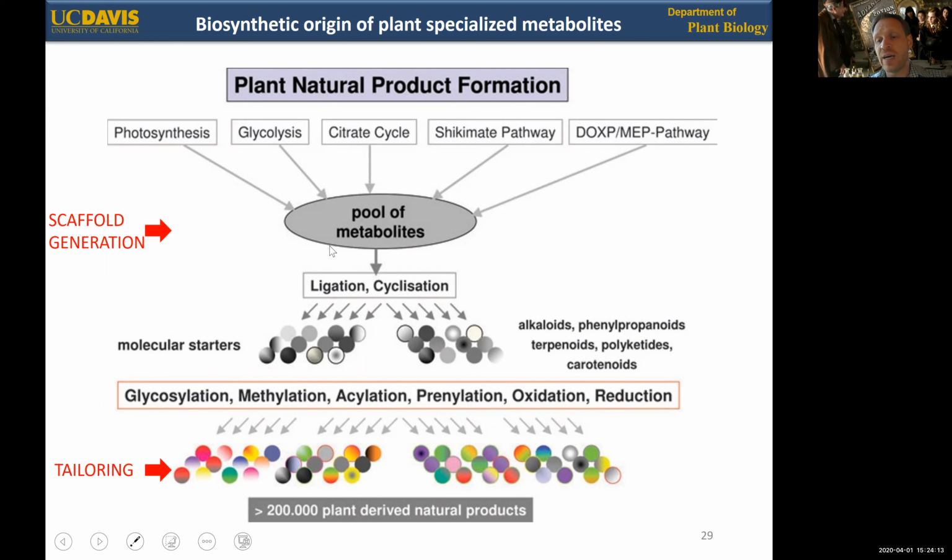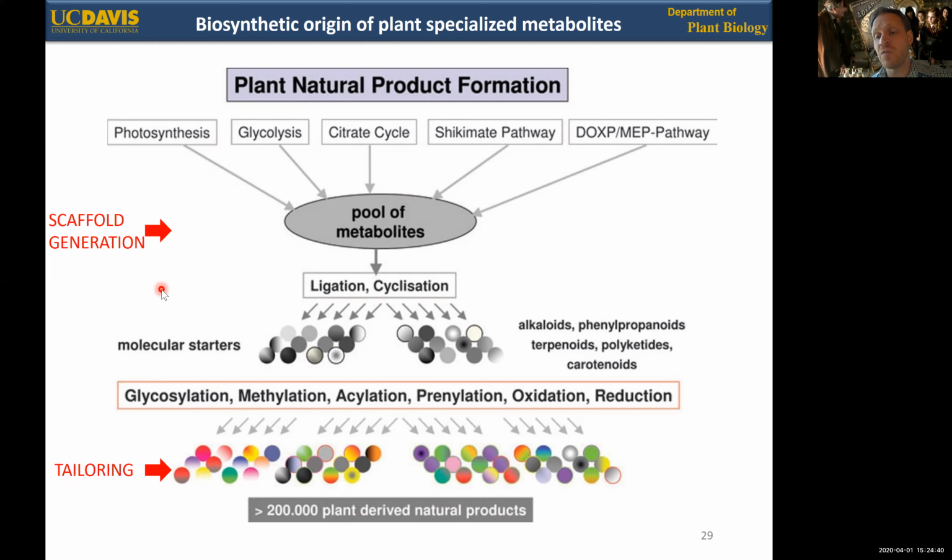And you essentially can divide the biosynthesis of specialized metabolites, but really all bioactive plant metabolites, into two major parts. The first one being the scaffold generation, and the second one being the tailoring reactions, so the functional modifications. And so what you can see here is, right, that this first step, the formation of the different carbon scaffolds, really taps into general metabolism now.